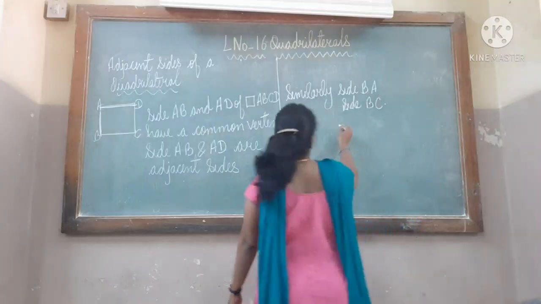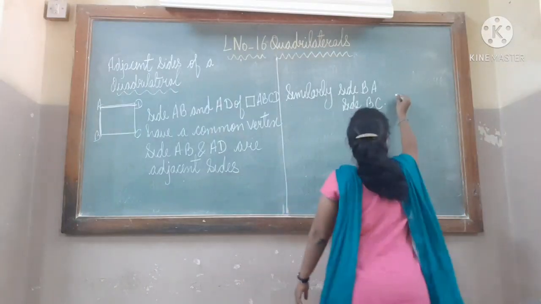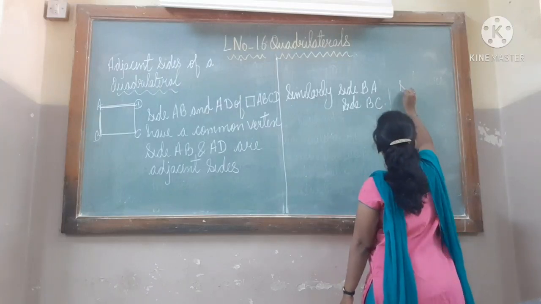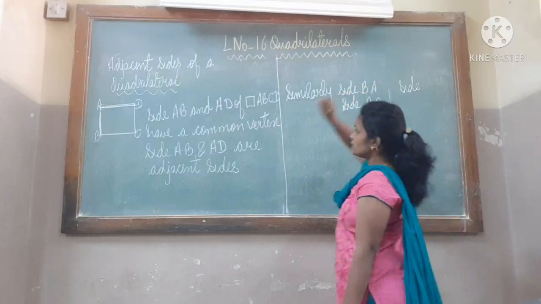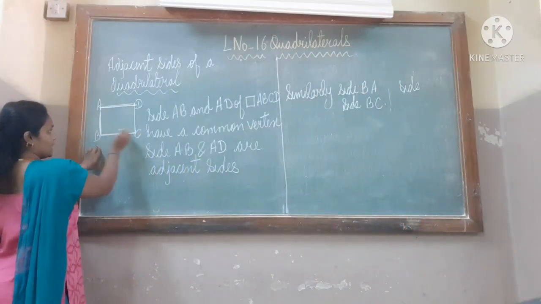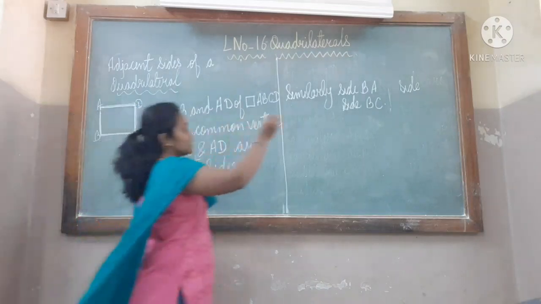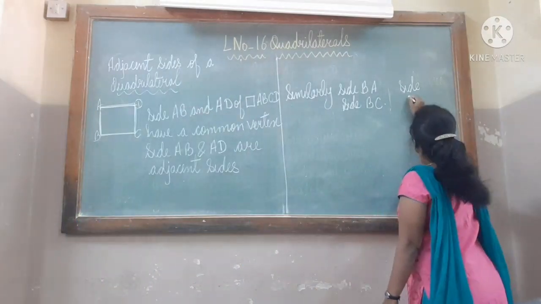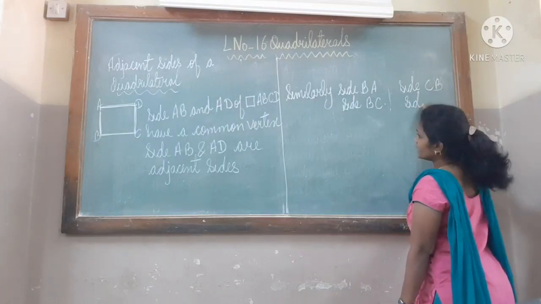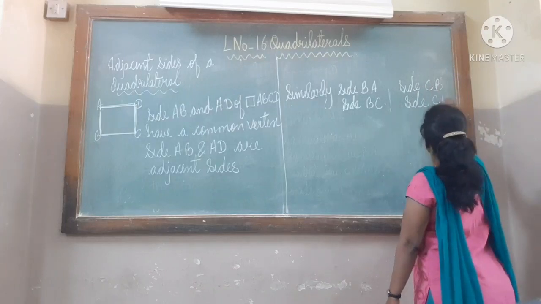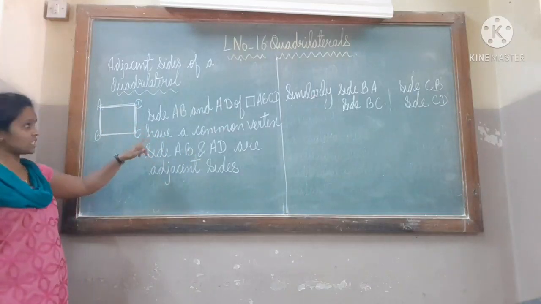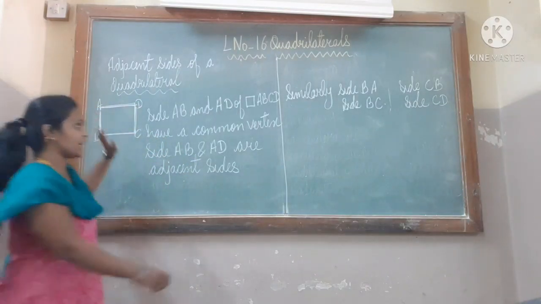Another one is also there, that is, here you can write side CB. See here, side CB and CD. After that, one more is there, which is DC and DA.